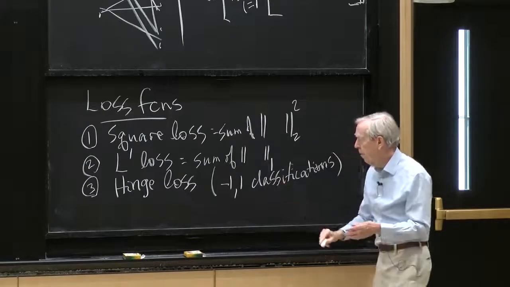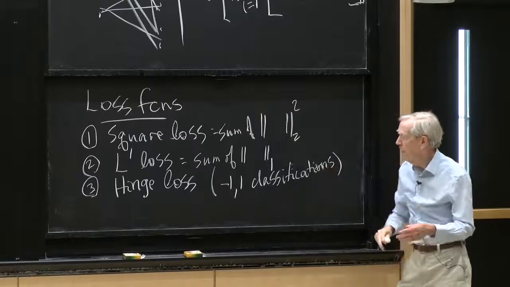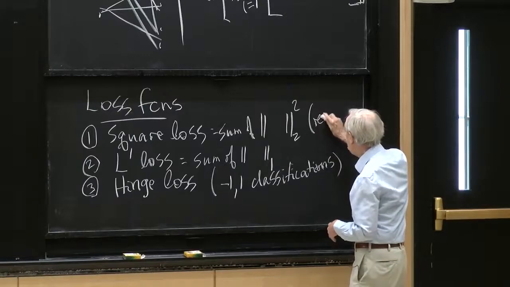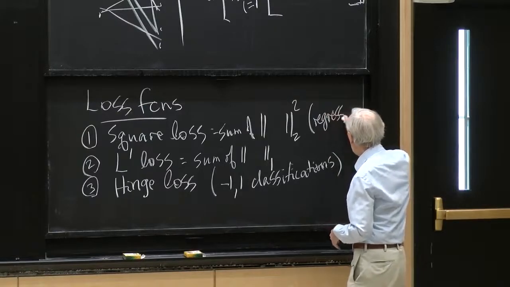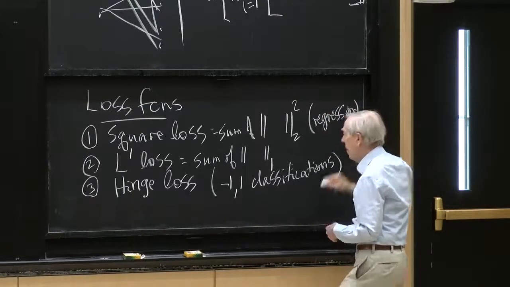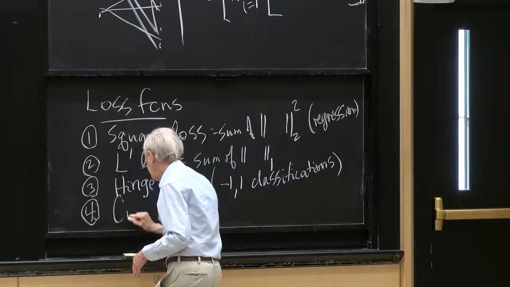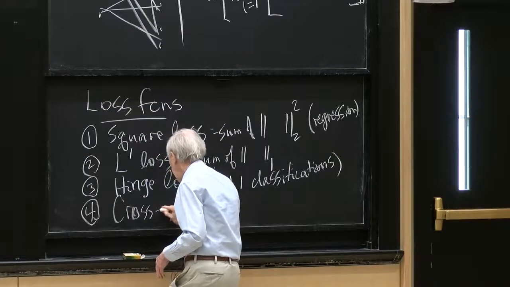Rather than that, this would be appropriate for regression. And then finally, the most important for neural nets is cross entropy loss.